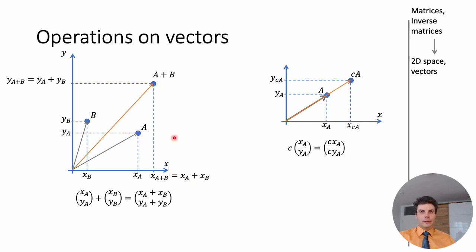The x coordinate of the sum is going to be the sum of the x coordinates of the input vectors. The y coordinate of the resulting vector will be the sum of the y coordinates of the input vectors. And in matrix terms, it's written here. Pay attention that we write the vectors as matrices that are composed of only one column.